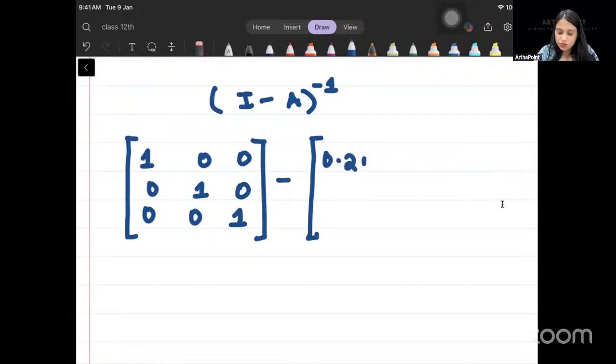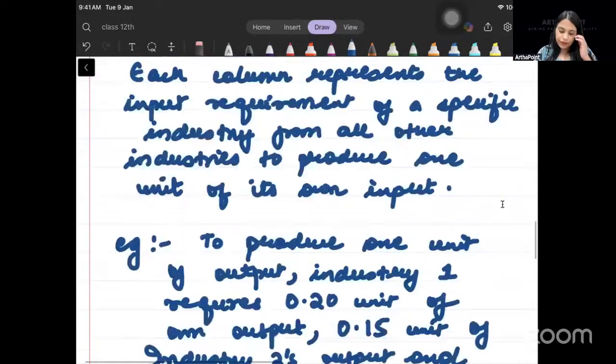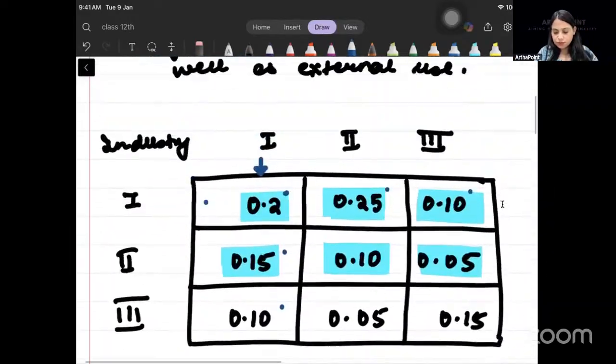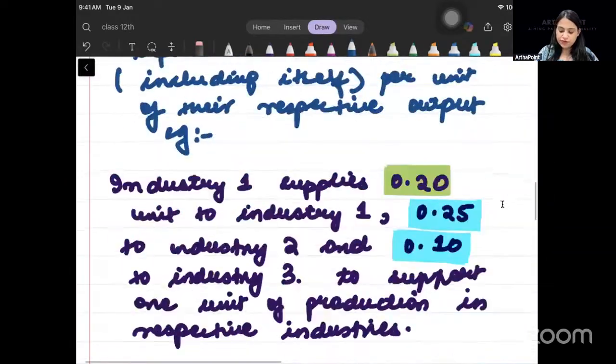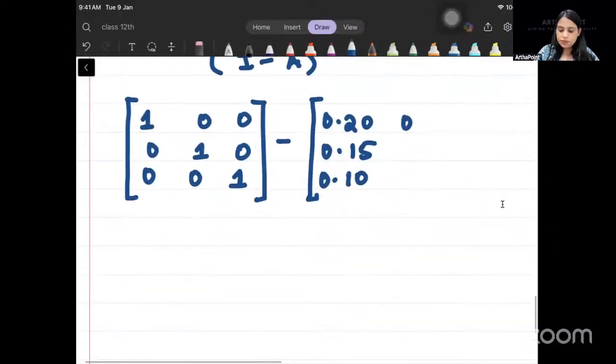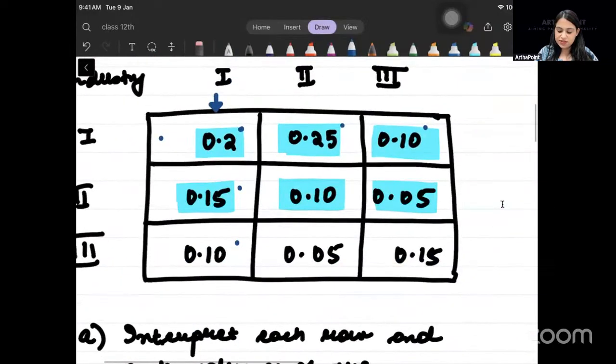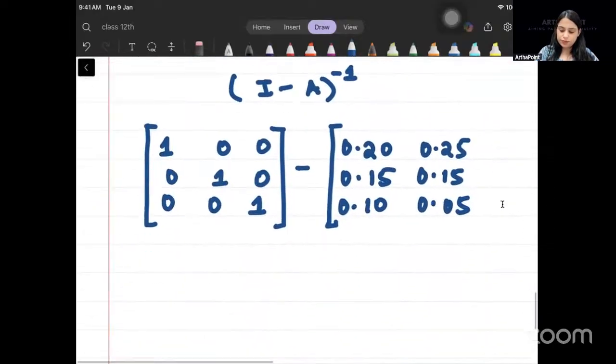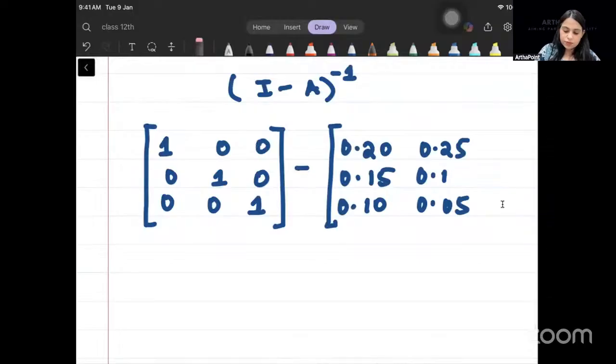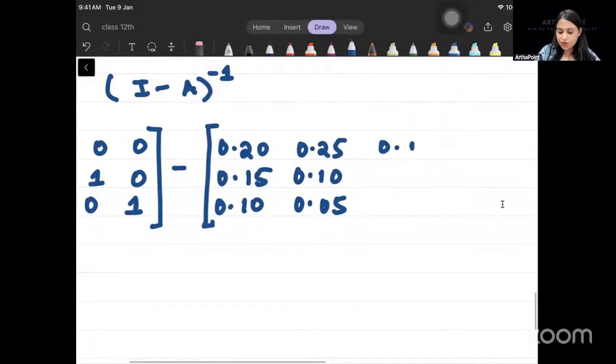So I remember this was 0.20, 0.15, 0.10. उसके बाद 0.25, 0.15, 0.05. Then 0.25, 0.10, 0.05, 0.10, 0.15. Okay. So now just calculate this.